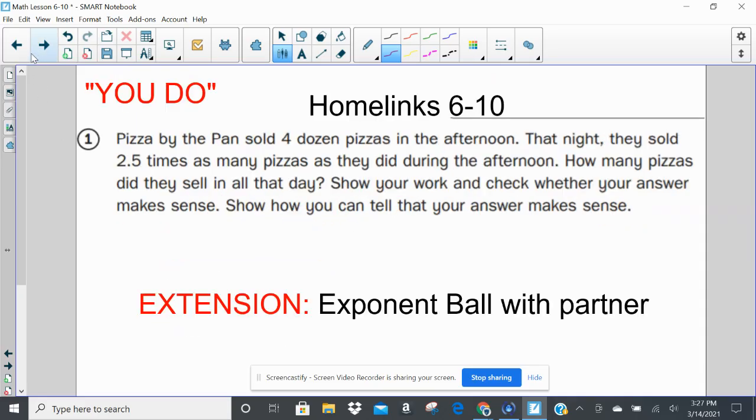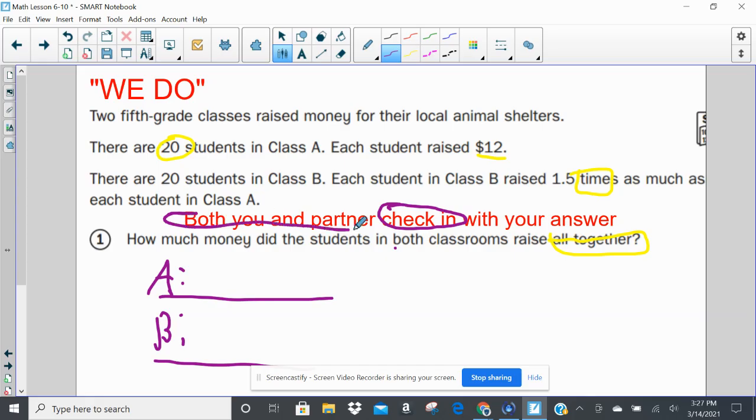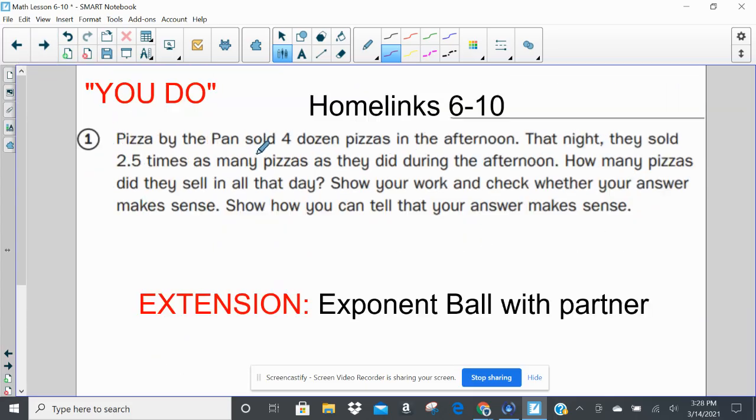For your You Do today, yes, you may work with a partner. So go ahead and pause the video and work with the person next to you on that problem, and check in with me when you both are finished. And then your You Do today, riding solo, to check in with me is going to be number one out of your Home Link 6.10.